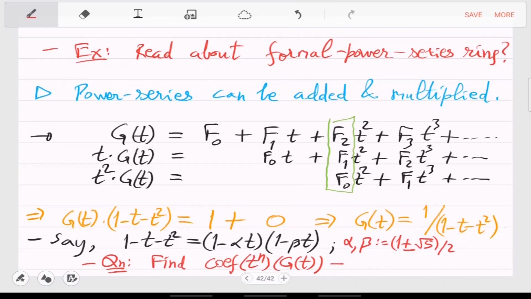How do we get to that? Because you know that this is Fn by definition, but we want to compute it in an analytic way instead of the combinatorial way. So what are the steps that you should take now using alpha, beta?